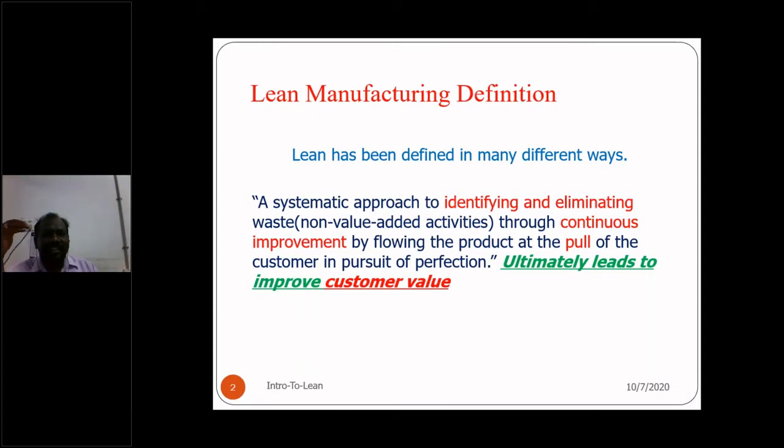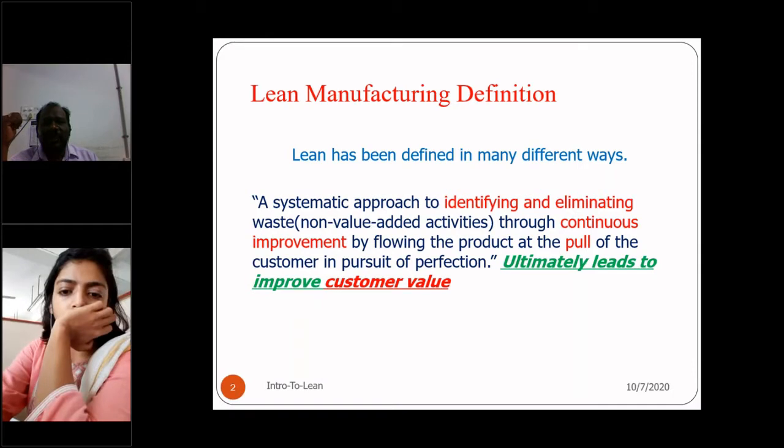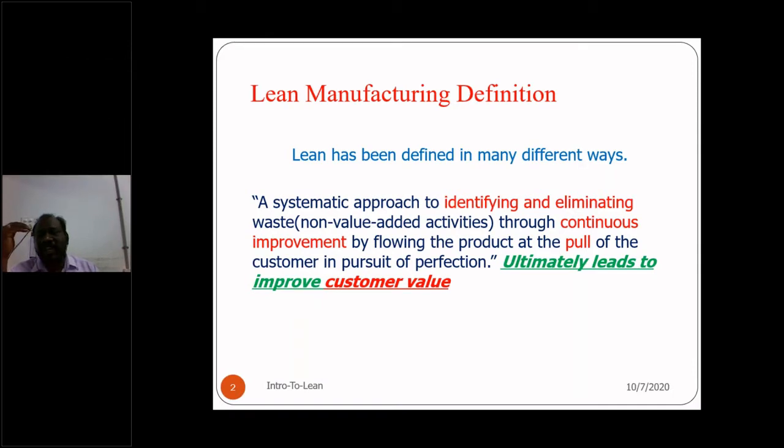Lean has been defined in many ways. Ultimately, the objective is to improve the customer value. It is a systematic approach to identify and eliminate non-value-added activities for continuous improvement by following the pull method or push method.